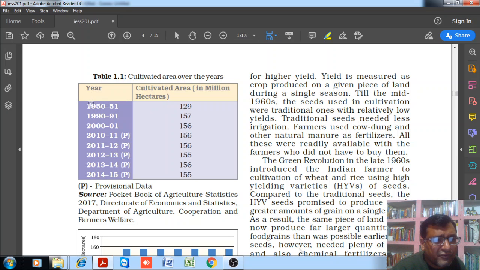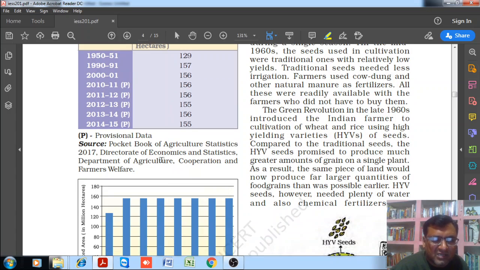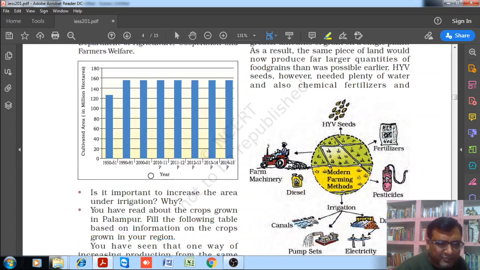In the very first phase, 1950-51, it was 129 million hectares. In 1991, it rose to 157, and after that it started decreasing. Why is it decreasing? Because we have started converting agricultural area for roads, settlements, establishment of factories, etc. We will discuss these things in detail further.